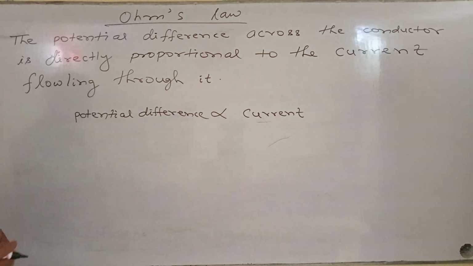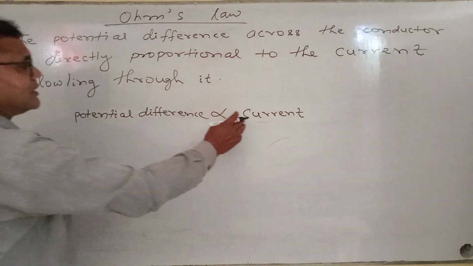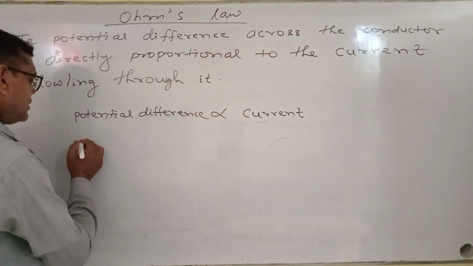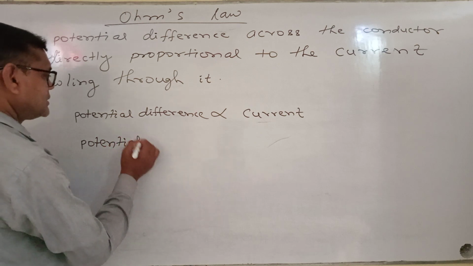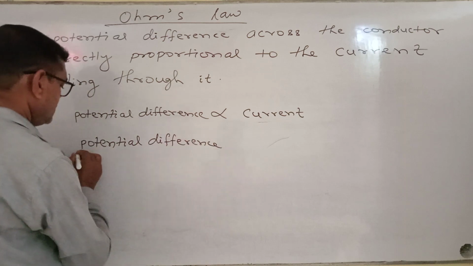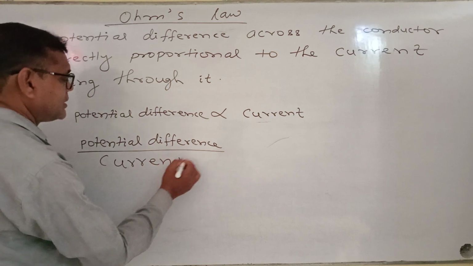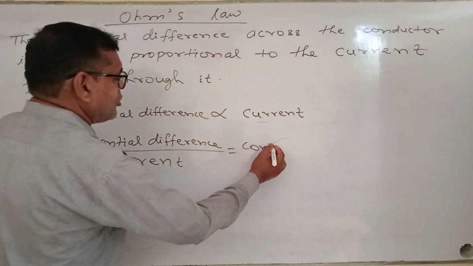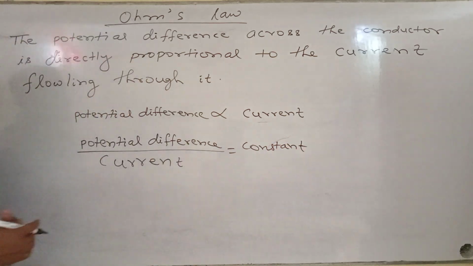We write potential difference upon current is equal to constant.